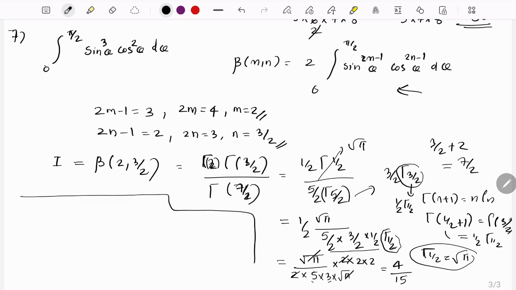But here the format of beta is 2 into the integral, but in this question there is no 2. So this integral I is equal to beta of 2 comma 3 by 2 divided by 2. There is no 2 in the question. So the answer is 4 by 15 into 1 by 2.